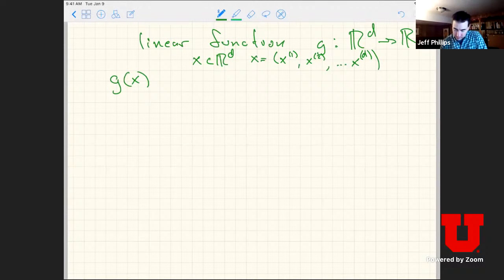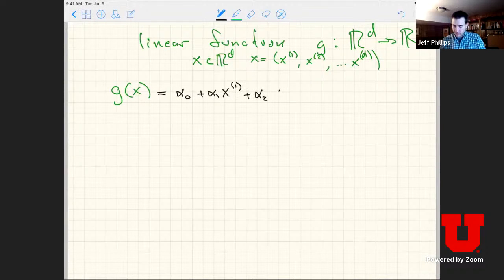So this g of x function is going to have a special form. We've seen linear functions before. Those have to be parameterized by some sort of alpha vector. So it's going to be alpha 0, plus alpha 1 times the first coordinate, plus alpha 2 times the second coordinate, plus alpha d times the dth coordinate.